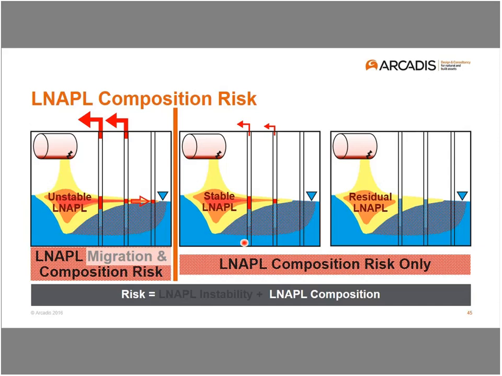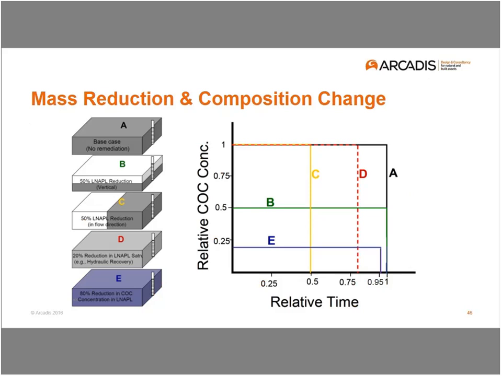And certainly when we get here at the stable NAPL and the residual NAPL, really focus in on how the composition of the NAPL presents risk to the environment. You know, is it driving a dissolved phase plume? Is it driving a vapor phase plume? Are there receptors? And the reason is that when you have composition risks, phase change is the most effective.